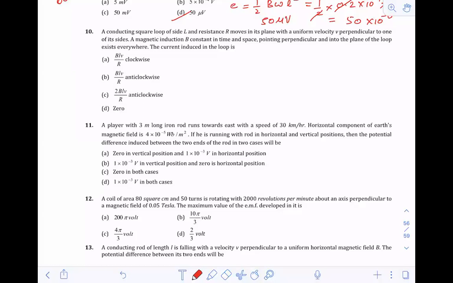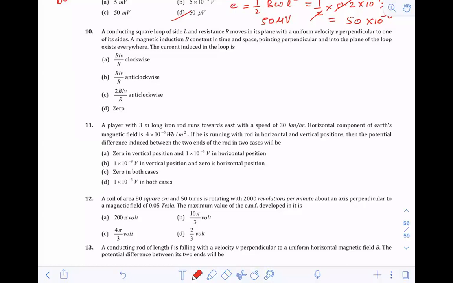A magnetic induction B, constant in time and space, pointing perpendicular and into the plane of the loop, exists everywhere. The current induced in the loop is, what is the option?